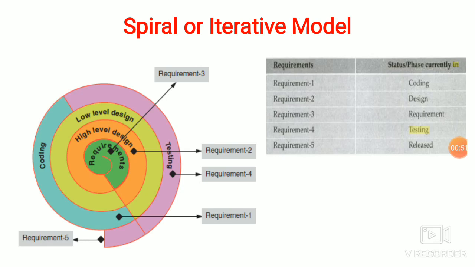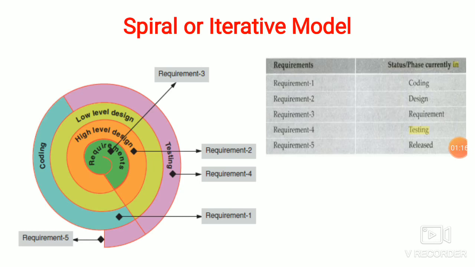The only conclusion that can be made is at what phase each of the requirements is in. If a defect is produced in any phase of a given requirement, it may cause that requirement to go to an earlier phase. This model enables incremental development.